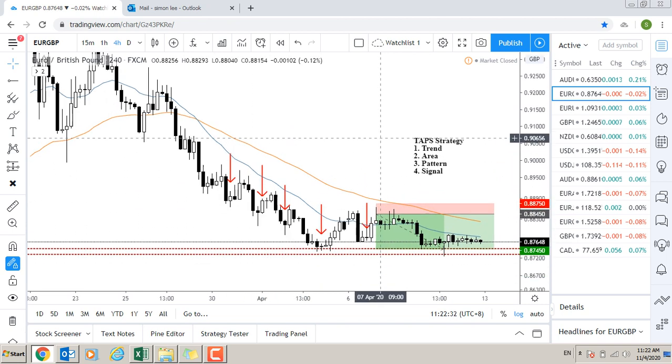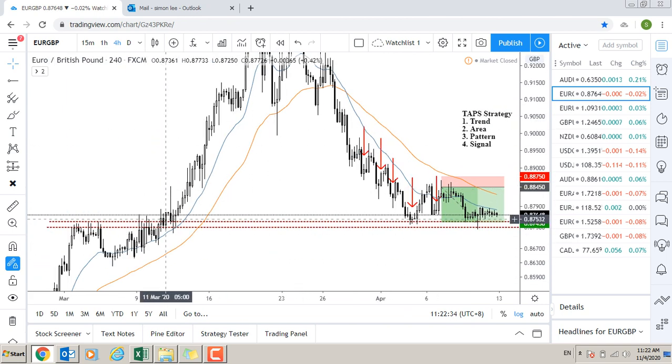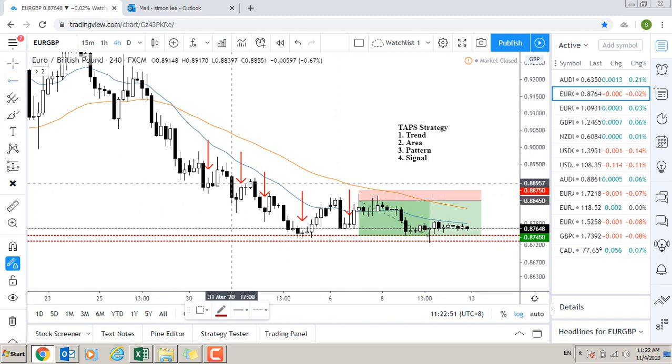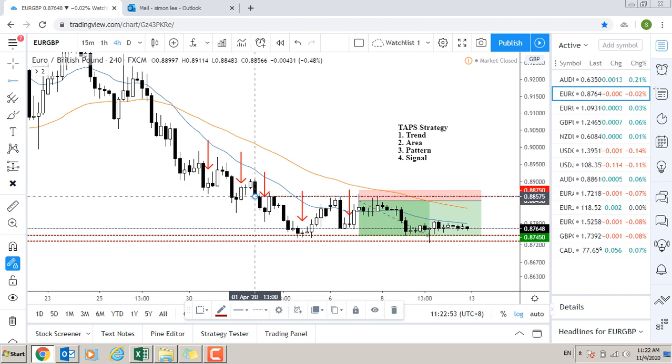So when the price comes towards this support area, you can see the price did bounce back upwards. However, this bounce back basically has not broken out of this previous high resistance level.